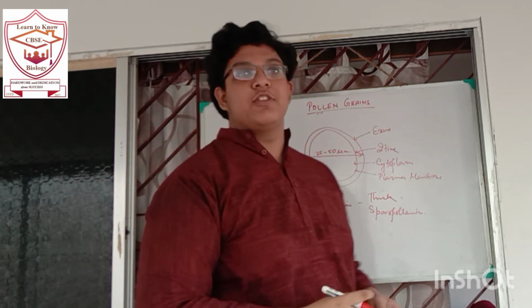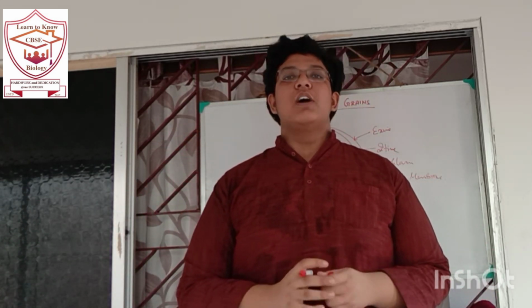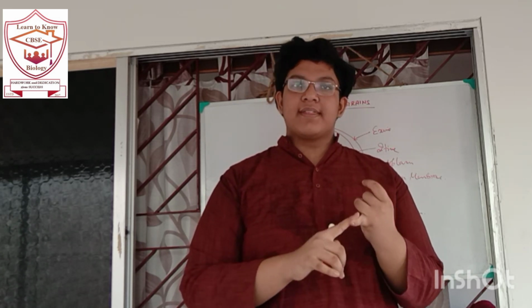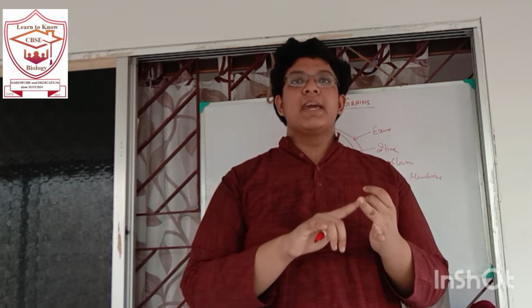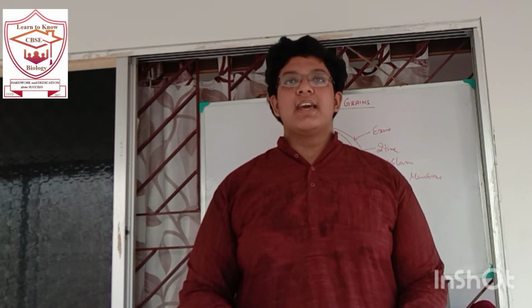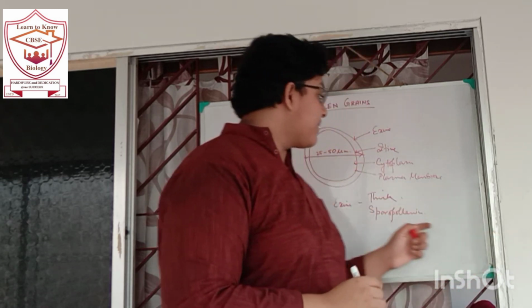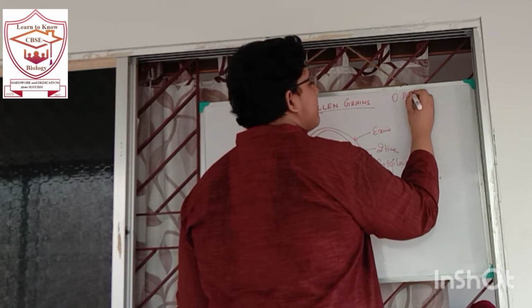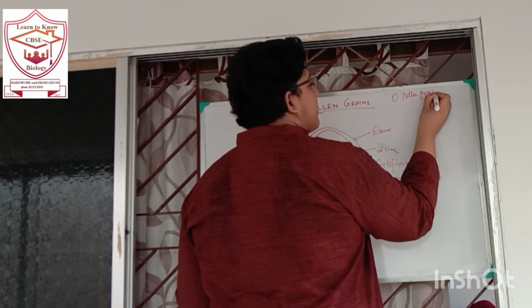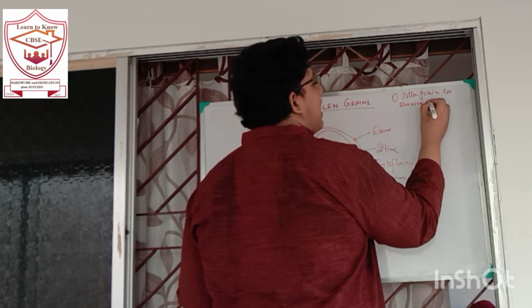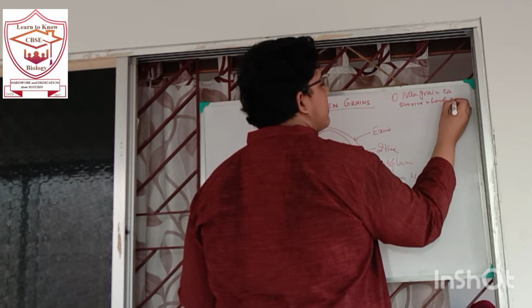Now, what is sporopollenin? Sporopollenin is a chemical which is resistant to temperature, acid, base, alkali, enzyme, heat, cold. It is resistant to each and everything. So, what is the importance of sporopollenin? Number one, the pollen grain can survive in harsh environment.